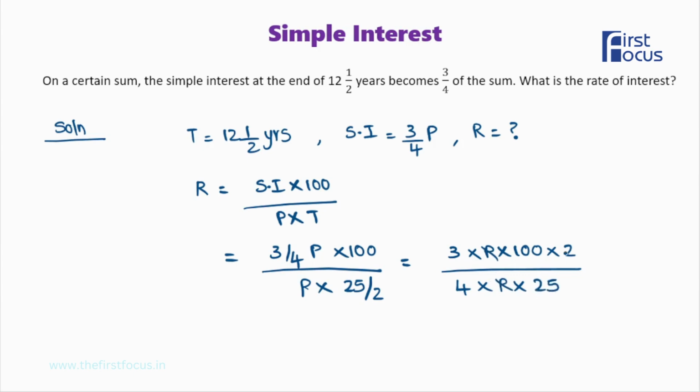On giving cancellation, we get, so the rate of interest for this certain sum to become 3 by 4th of the sum is 6%.